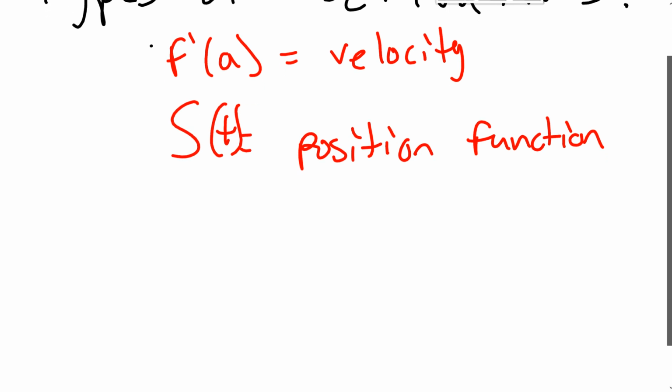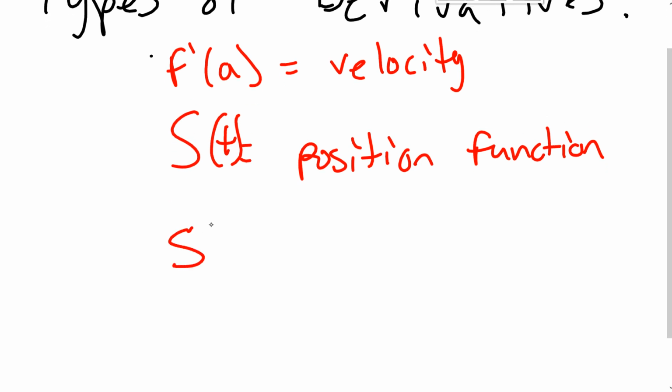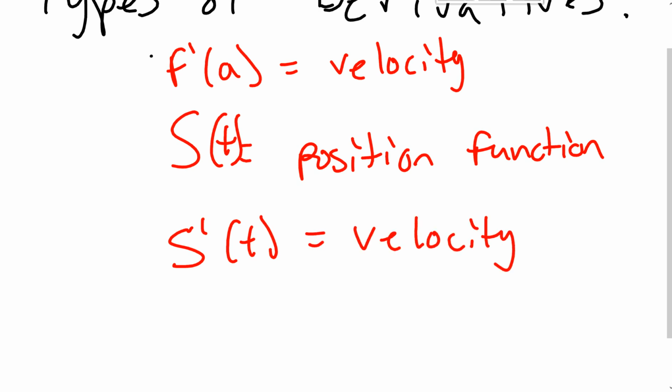And then the derivative of that would be its velocity. So we have its velocity, and then the speed of it is just the absolute value of that, the absolute value of the velocity.